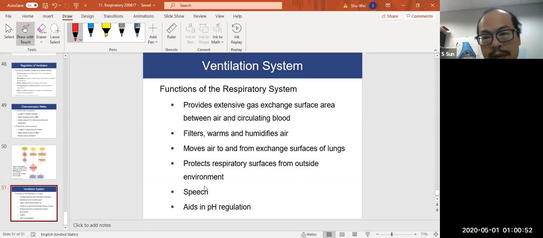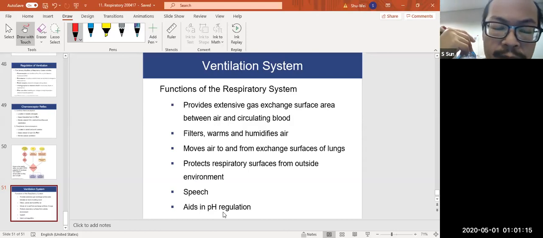This also plays an important role in speech, because we need to control our breath, our air, and use it to make speech. And it helps control our pH level. Our body controls pH level in two organs: one is the lung, the other one is the kidney.